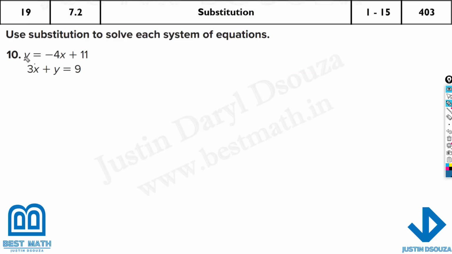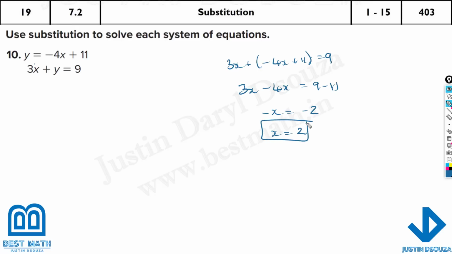Here now y is already given, so I'll just substitute this entire thing in the other equation. 3x plus minus 4x plus 11, that is equal to 9. And now it will be 3x minus 4x, and this 11, I'll take it to the other side. That will be equal to 9 minus 11. It'll be minus x is equal to minus 2, x is equal to positive 2.